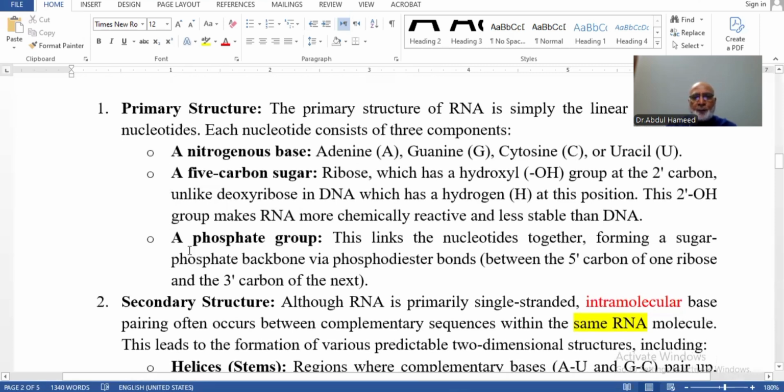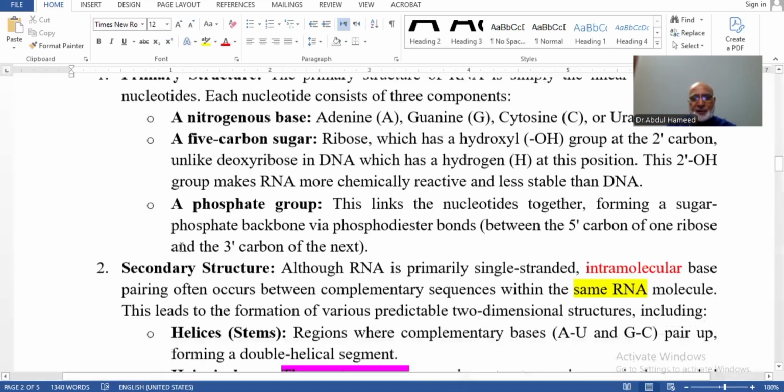A phosphate group, obviously, like the DNA structure, is present to form a nucleotide, and the different nucleotides unite together to form a phosphodiester bond between carbon number 5 of one ribose and carbon number 3 of the next.